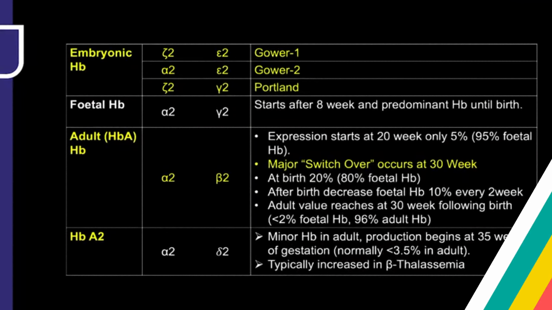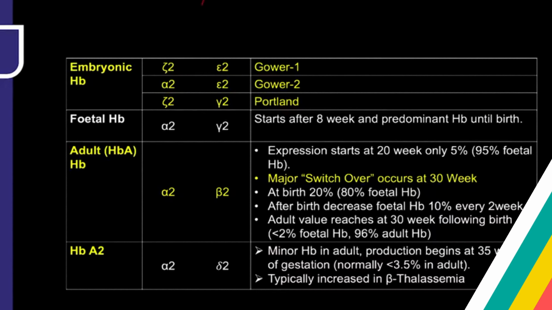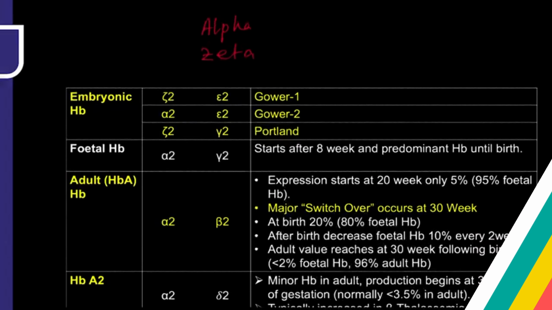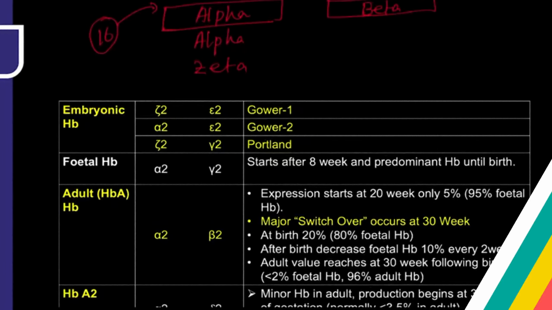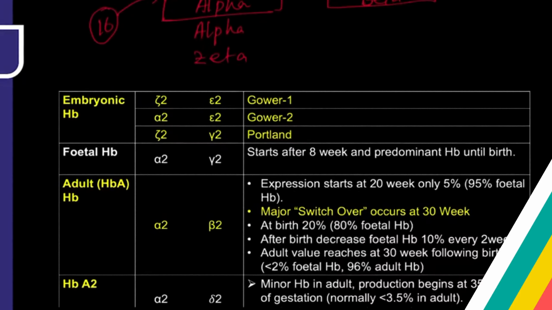Before that, you know that alpha globin chain and zeta globin chain, they are in the same family of globin gene. This is known as the alpha globin gene family, which is coded by chromosome number 16. And there is also another family, which is the beta globin chain family. In this beta globin chain family, what are the chains which are present here?